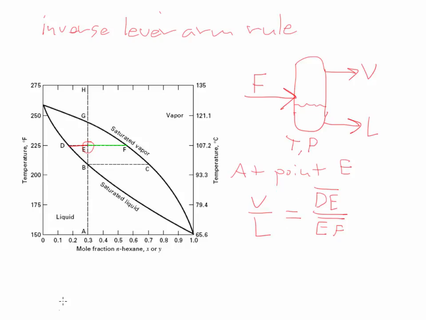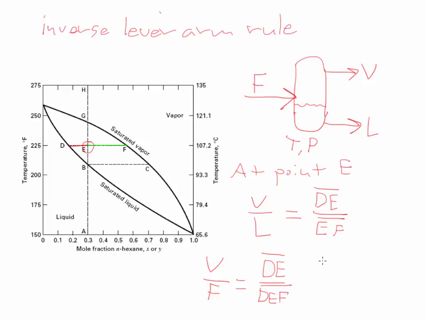Similarly, to find the vapor flow rate as a fraction of the feed flow rate, you simply take now the line segment closer to the liquid. Again, that's why it's called the inverse lever arm rule, because to find the vapor flow rate, we're taking the line segment closer to the liquid, so that's DE. And we're going to be dividing that by the total length of the line between D and F. So this total line segment, DEF, is in our denominator.